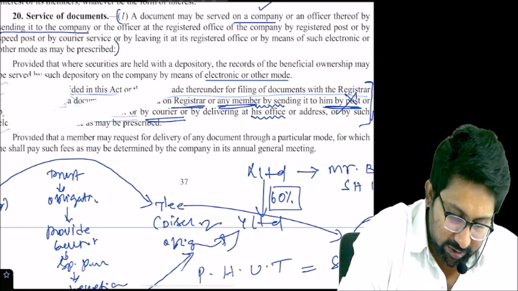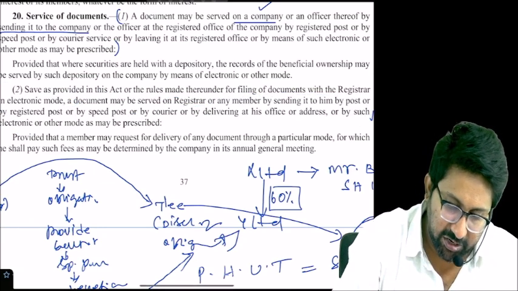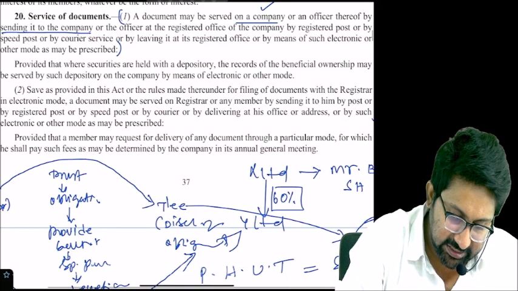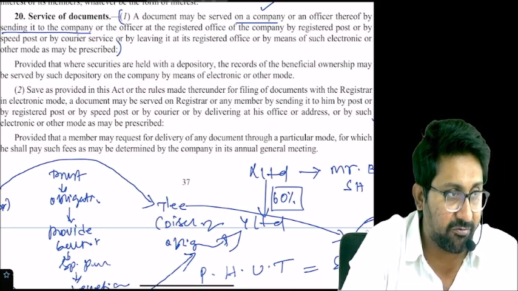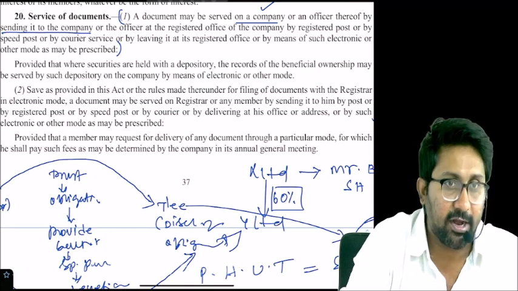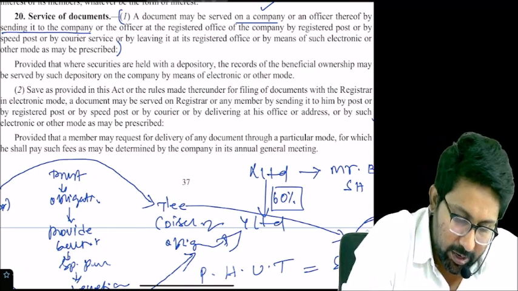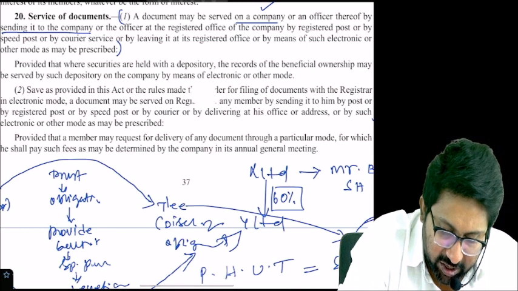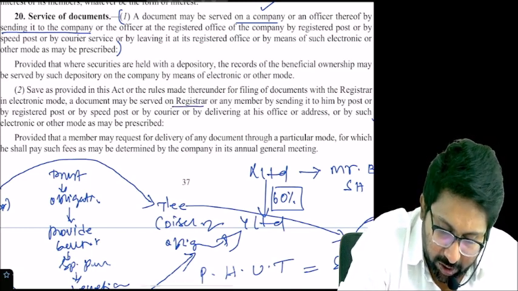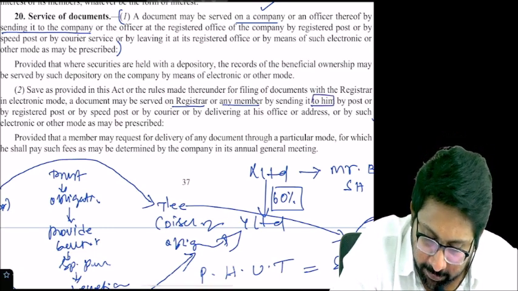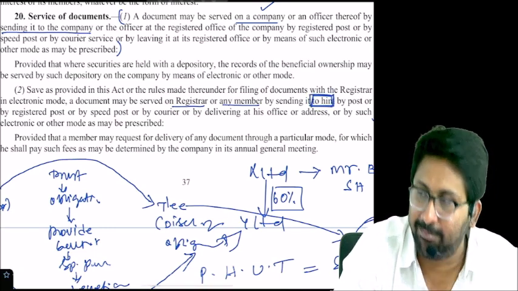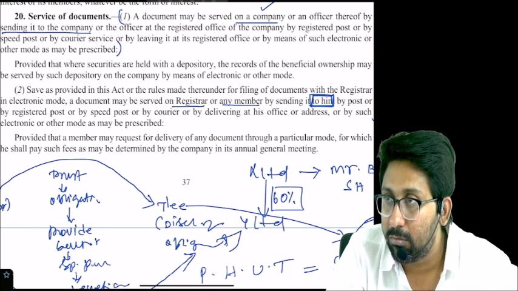Now, I want every one of you to read section number 22. Start. Save as provided in this act or rules made thereunder for filing of documents with the registrar in electronic mode. Continue. A document may be served on the registrar or on any member by sending it to him, whom?